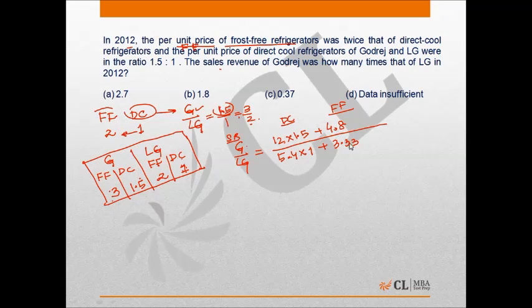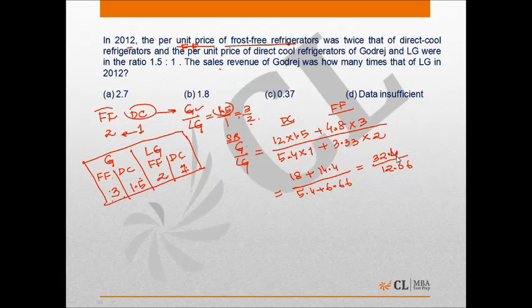But what are the per unit prices of the frost-free of Godrej and LG? The frost-free price is 3 rupees, while that of LG is 2. So this is 4.8 into 3 and this is 3.33 into 2. So this becomes 18 plus 14.4 divided by 5.4 plus 6.66, which is 32.4 divided by 12.06.